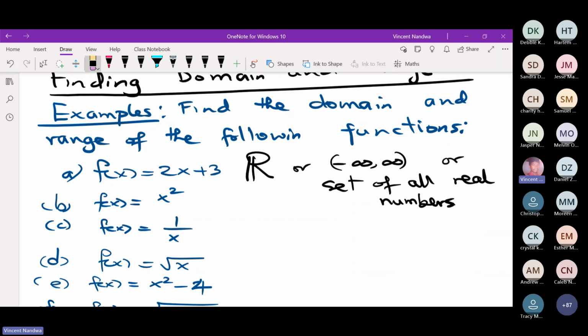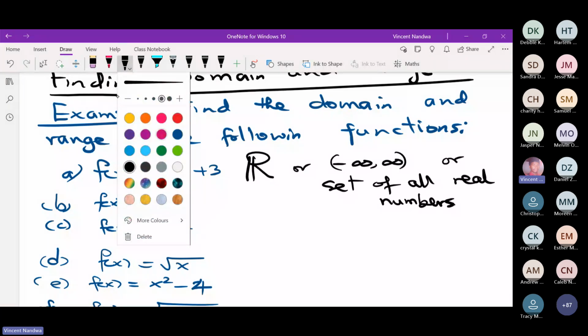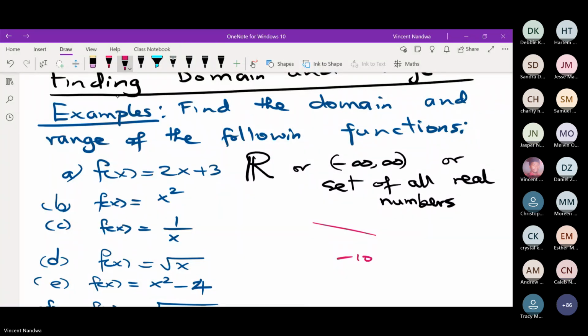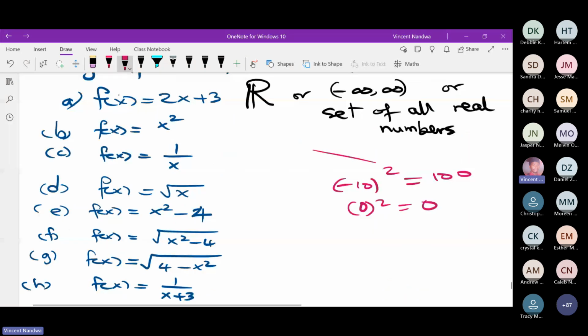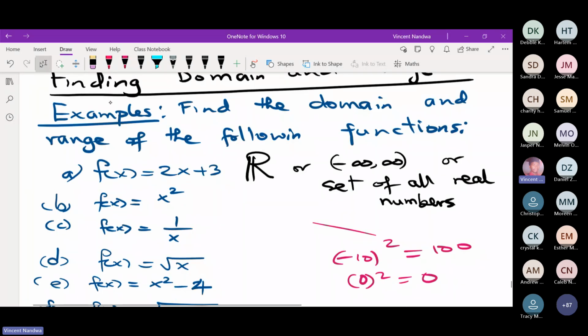If you pick negative 10, which is just one example of a negative number, you can pick any negative number you wish. Then x squared gives me 100. If I have 0, then 0 squared equals 0. And if I have a positive number, for example positive 10, when I square, I get 100.